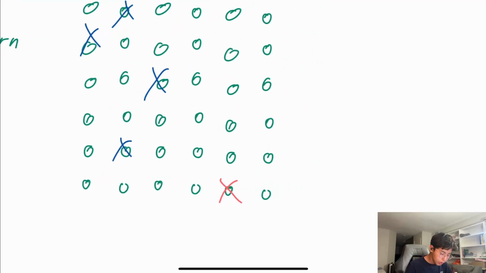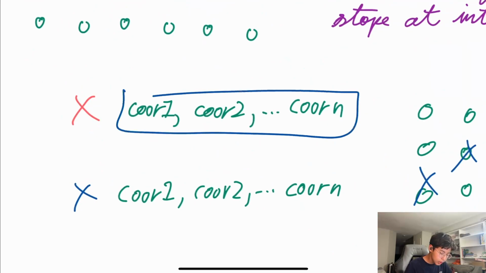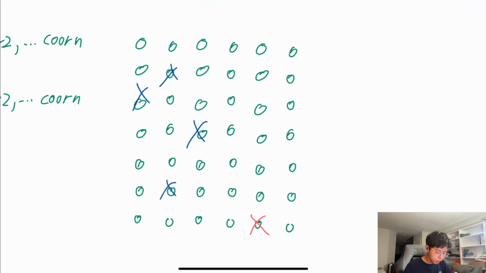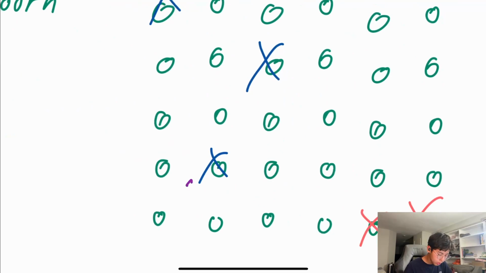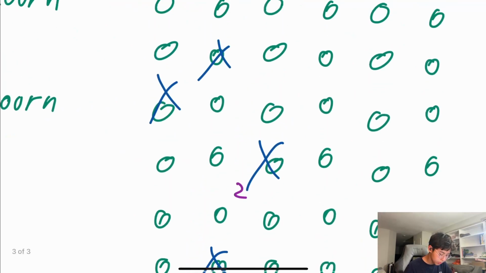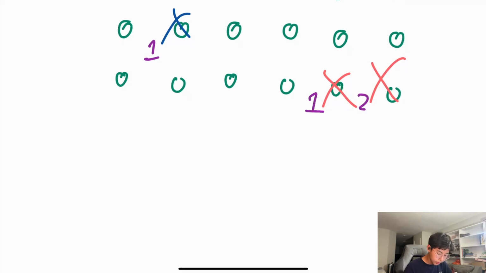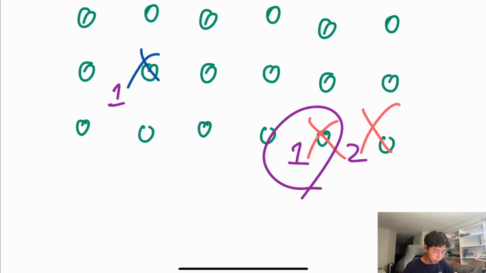We're going to do a quick thing where we sort these coordinates from smallest to greatest. So let's say we label these cows cow 1, 2, 3, 4, and cow 1 and 2. The reason for this is that this cow could block a cow that would otherwise get hit by this one.